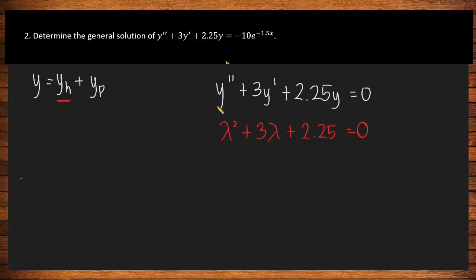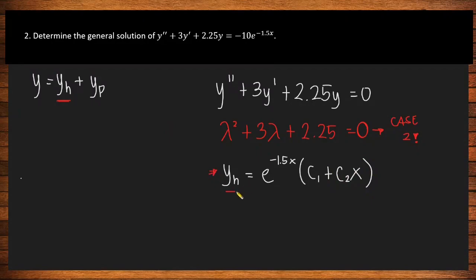Now if we examine the roots of our auxiliary equation, makikita natin that this will fall under case 2. Okay, so we will have double roots. Hence, the general solution of our equation will be y sub h equal to e raised to negative 1.5x times c sub 1 plus c sub 2x.